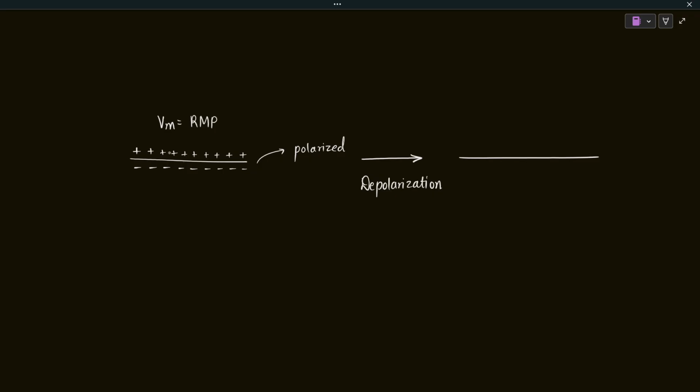Let's say that in this particular segment, the depolarization is happening. So the charge distribution will change. Normally the membrane is negatively charged on the cytosolic side, but in this particular section, the cytosolic part will get positively charged, while the extracellular part will be negatively charged.